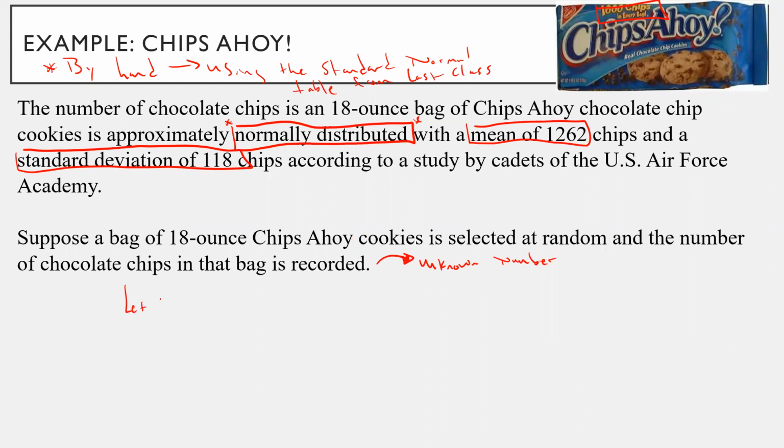So we're going to define a variable. We're going to let x be equal to the number of chips in a bag. And when I say bag, what I mean is an 18-ounce Chips Ahoy chocolate chip cookies bag, but I'm just going to write bag of cookies. Okay. And then here's what else we know from the problem. We know that the number of chips in a bag follows a normal distribution.